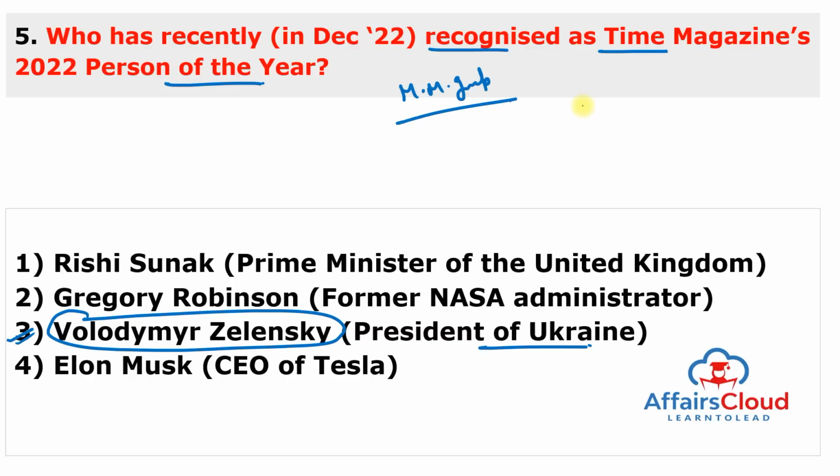So Time Magazine has named Ukrainian President Volodymyr Zelensky and the Spirit of Ukraine as its 2022 Person of the Year, an award that recognizes an event or person deemed as having the most influence on global events over the past 12 months. Other finalists for the award included protesters in Iran, China's leader Xi Jinping, Elon Musk, the winner of 2021 Person of the Year, and the United States Supreme Court also. But the winner is only one. This is Volodymyr Zelensky.